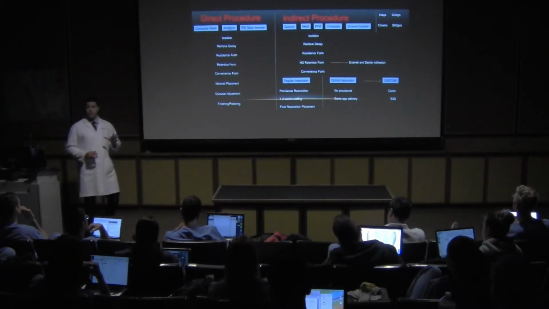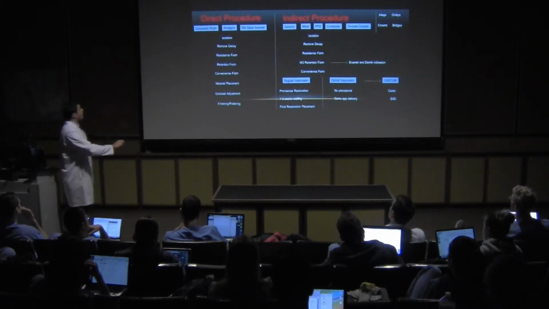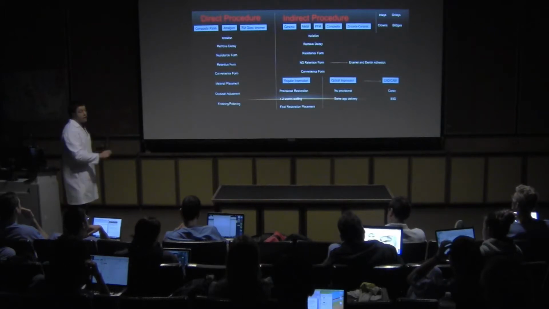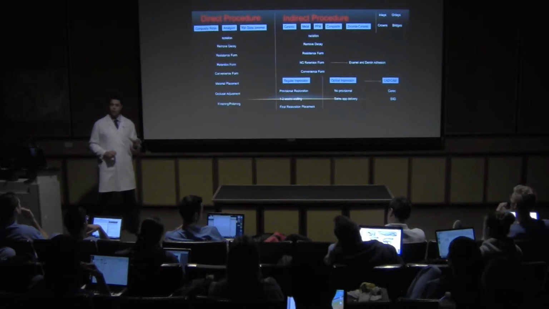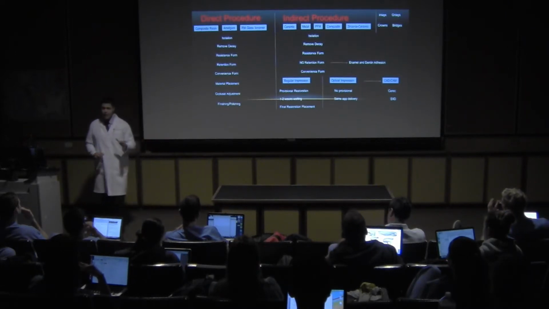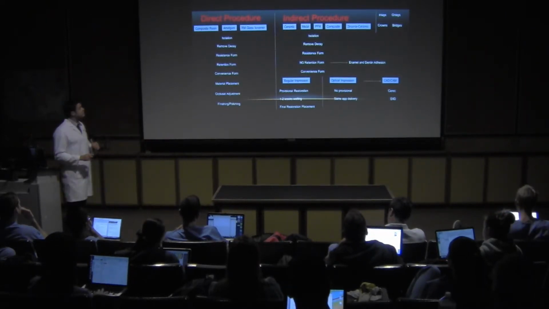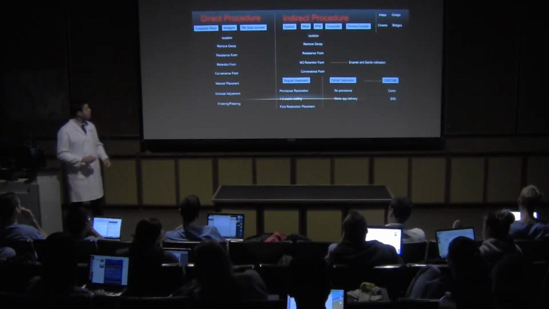When I work with direct procedures, I can work with composite resin, amalgam, and resin-modified glass ionomer. All right? And the step by step, I'm going to do the isolation, remove decay.